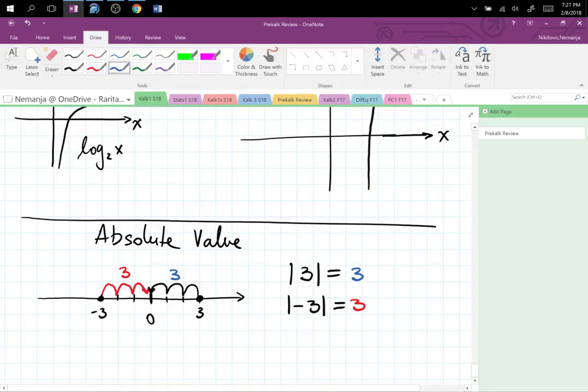And now I'm going to tell you that the black 3 and the blue 3 are not the same 3. Right? The black 3 is a location on the x-axis. And the blue 3 is a distance from 0 to 3.